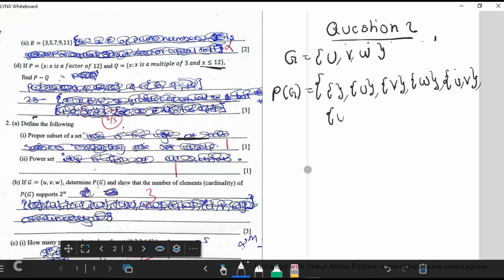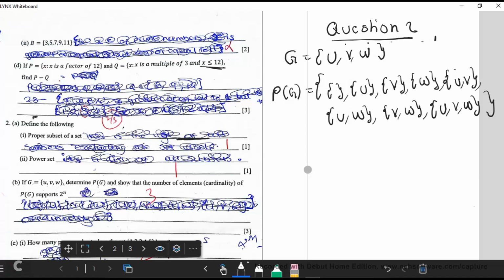Then you also have UW. Then what is remaining? It's remaining VW. Then the last one, which is UVW. So if you count, these are supposed to be 8: 1 2 3 4 5 6 7 8.